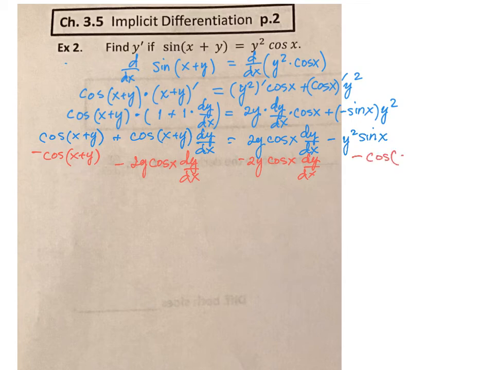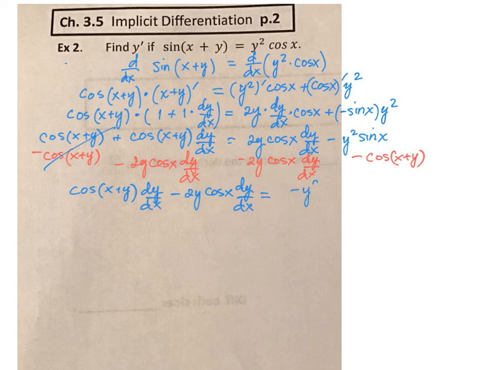My new equation is going to be cosine (x plus y) dy/dx minus 2y cosine of x dy/dx equals negative y squared sine of x minus cosine of (x plus y). Notice the 2y cosine x dy/dx cancels.